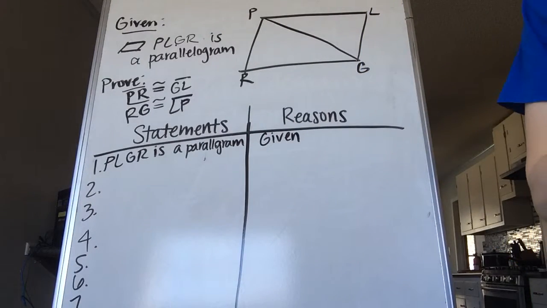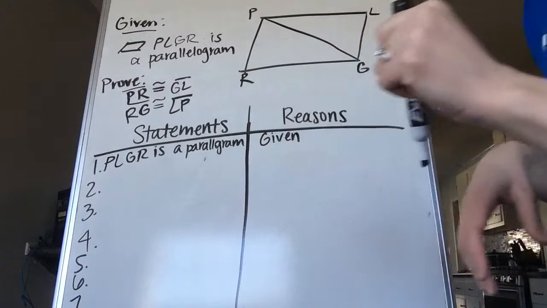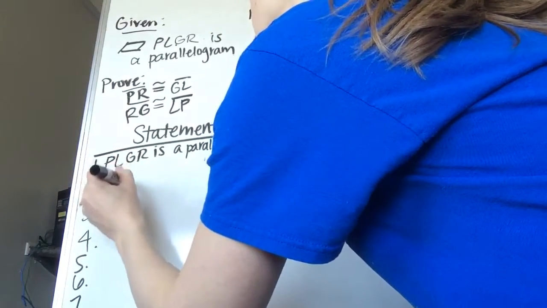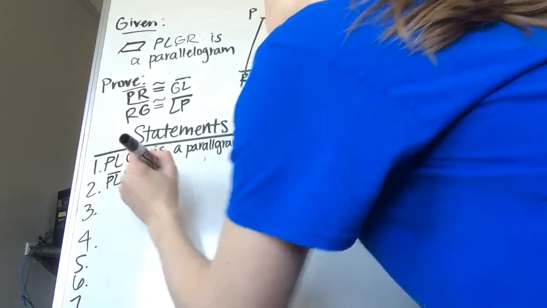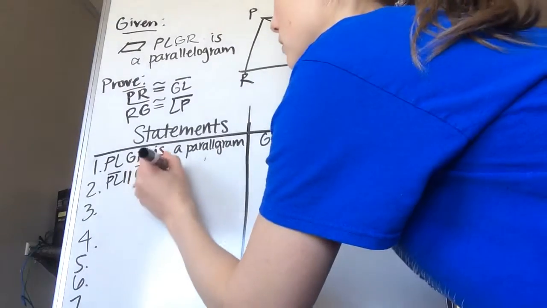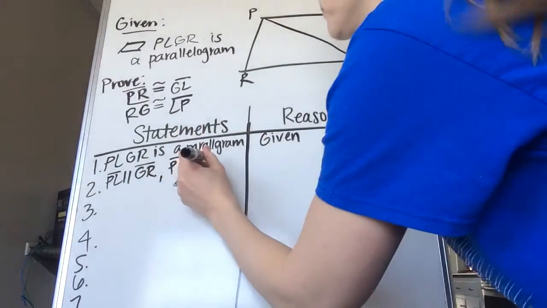So what can we say about a parallelogram? Well, we know that the opposite sides are parallel. That's the definition of it. Two sets of parallel sides. So PL is parallel to GR, and PR is parallel to LG.